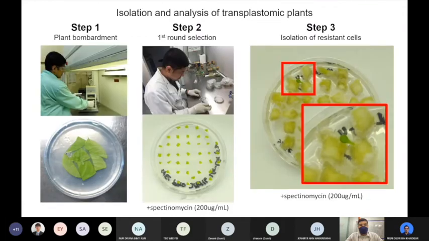And so, the steps involved in doing the transformation. The first one is to insert the DNA construct into the host plant, and then secondly we do a first round of selection with antibiotic.